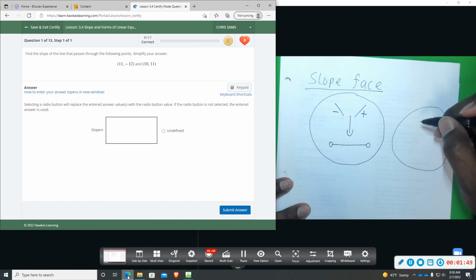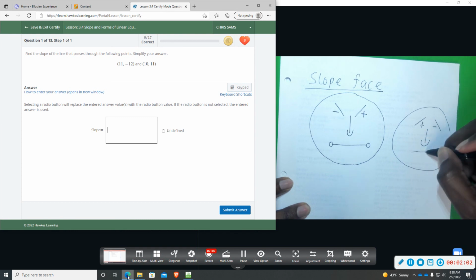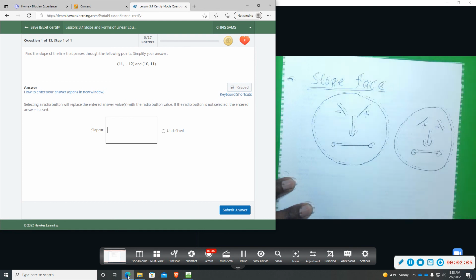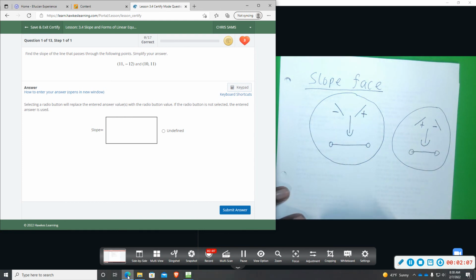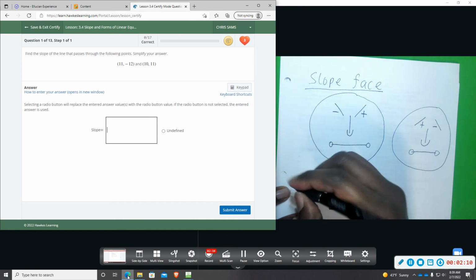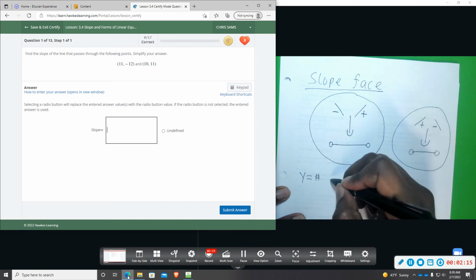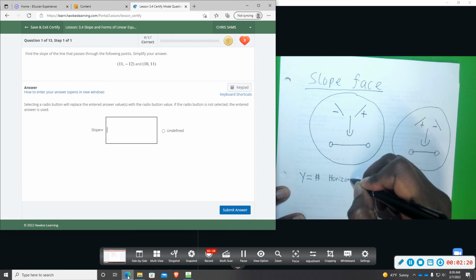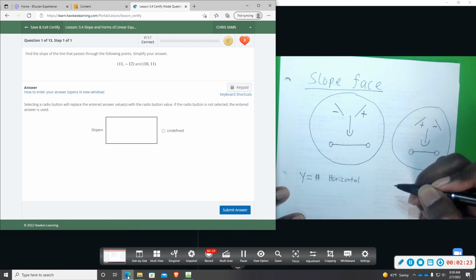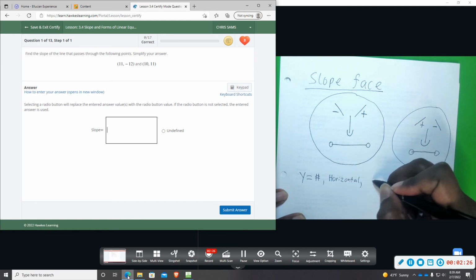You can also make them sad if you do the other way, just change the eyebrows. Everything else is the same. Up left to right is positive, down left to right is negative, and then undefined, and then zero slope. So I like this one a little bit better. But y equals some number is a horizontal line, and it also has zero slope.